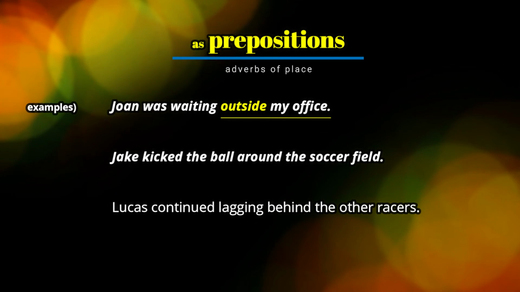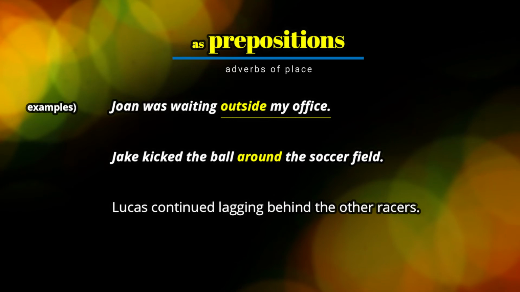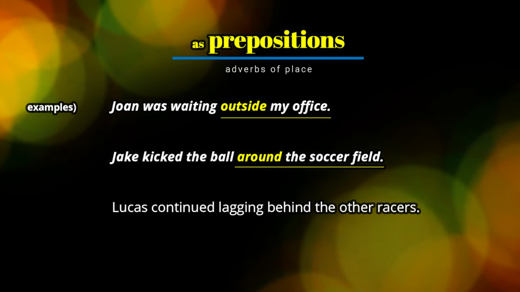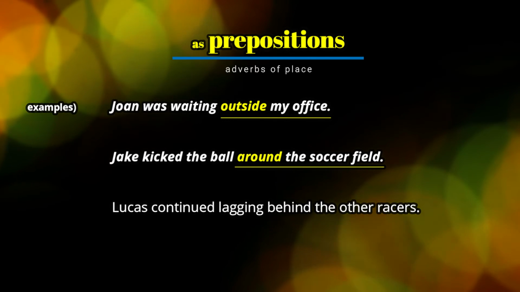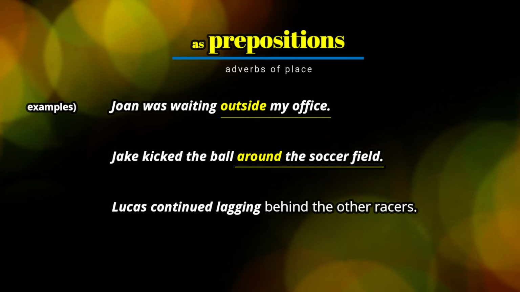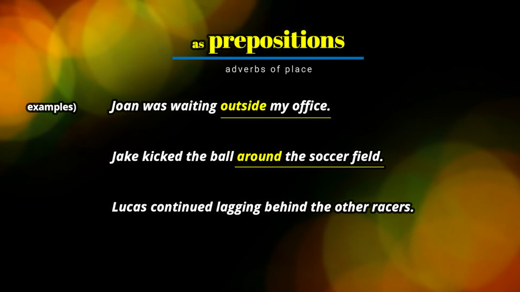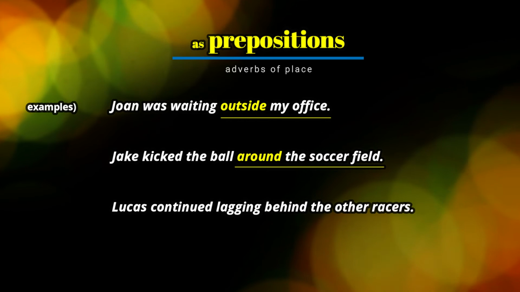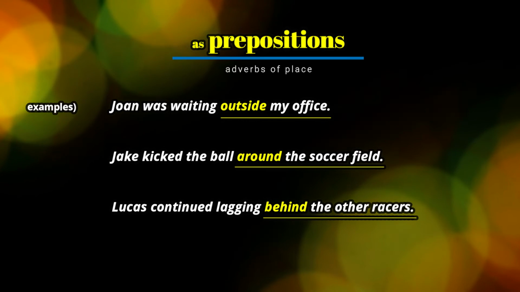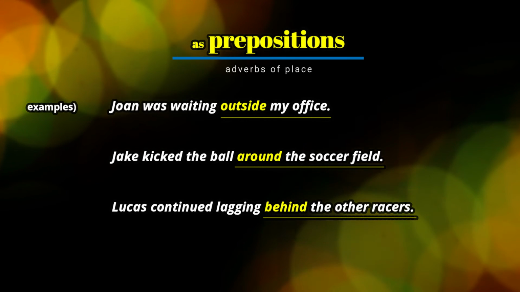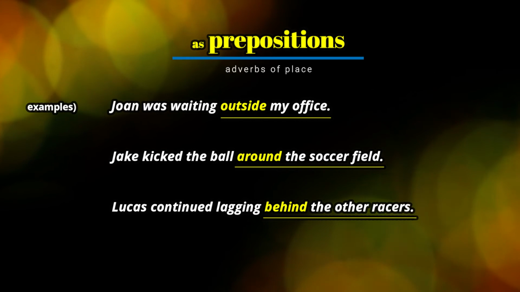All right, the preposition is around the soccer field. And in our final example, Lucas continued lagging behind the other racers. And we have the preposition behind the other racers. Okay, so they're functioning as prepositions.